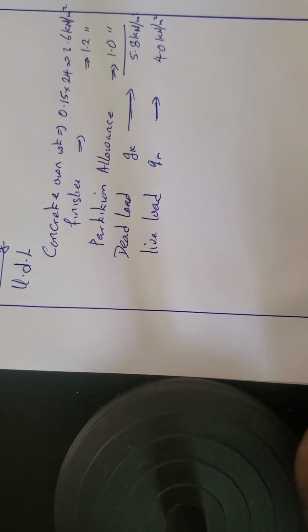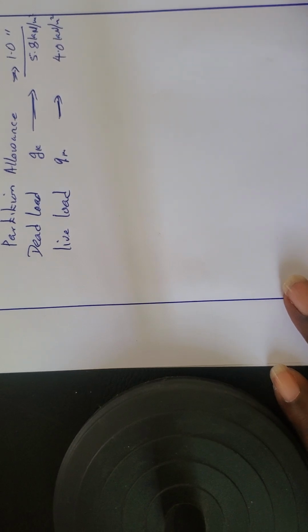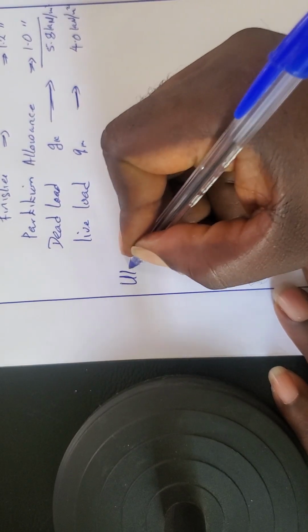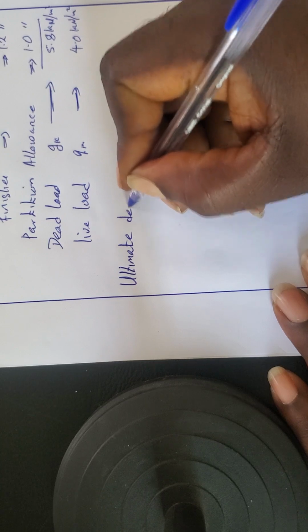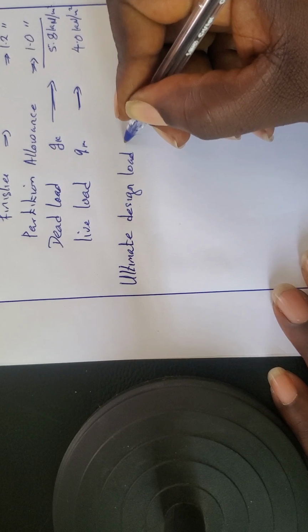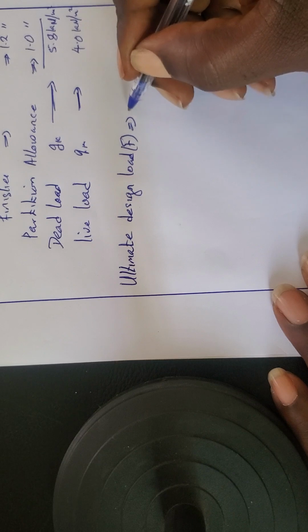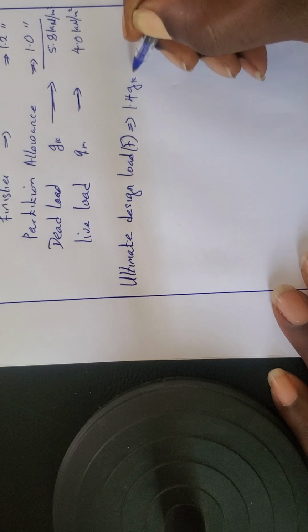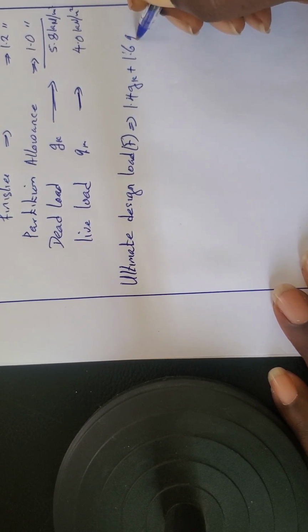Alright. Now, for us to get our ultimate design load, we can call it F, is equal to 1.4 GK plus 1.6 QK.